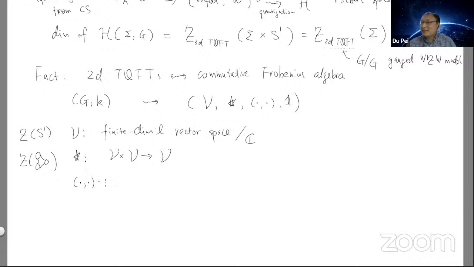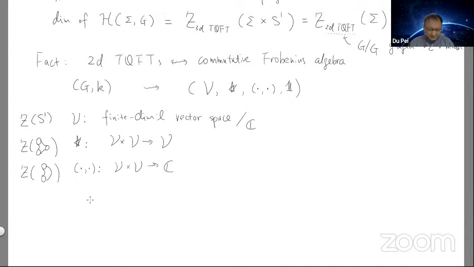And further, another piece of data that specifies this commutative Frobenius algebra is a bilinear pairing on V. And this is what the TQFT associates to a cylinder. And lastly, you have a map from C to V specifying the unit of this algebra.